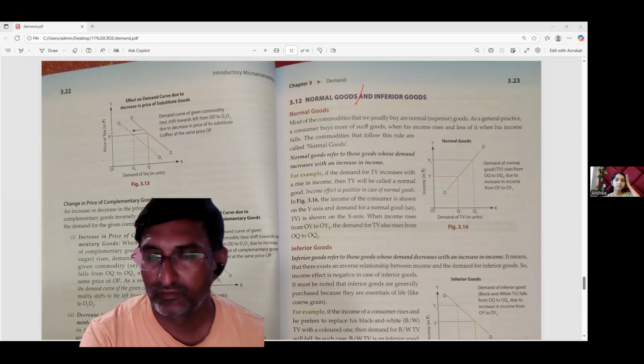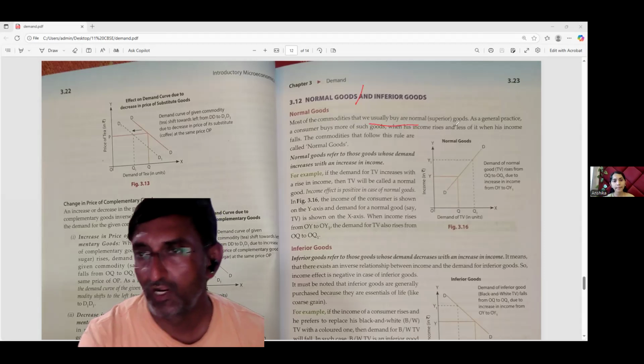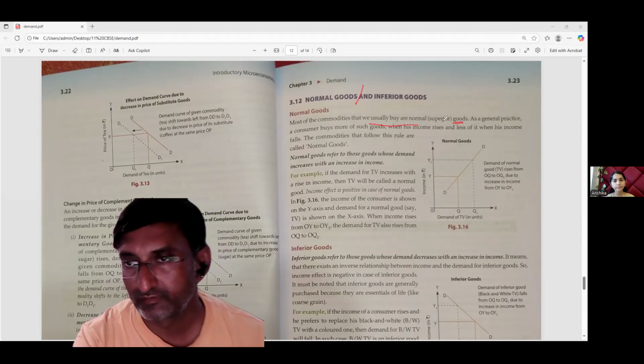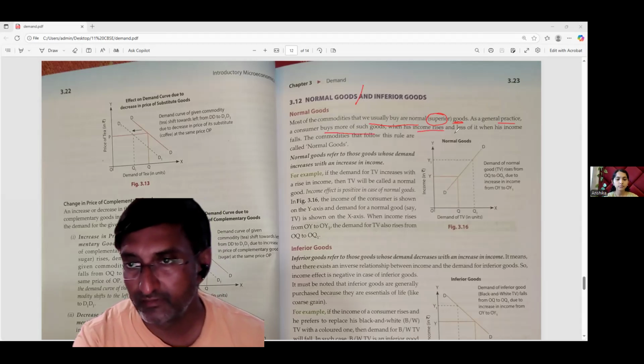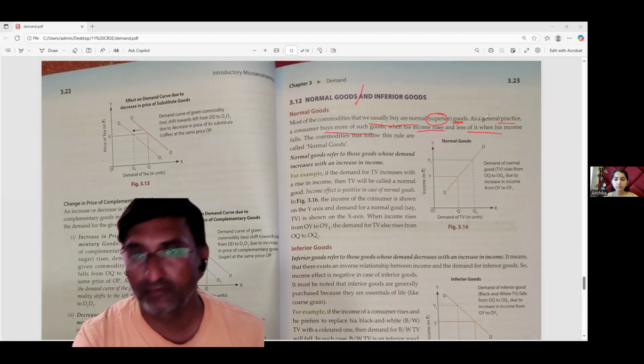Basically, most of the commodities that we usually buy are normal goods. Normal means superior, right? As a general practice, a consumer buys more of such goods when his income rises and less of it when his income falls.